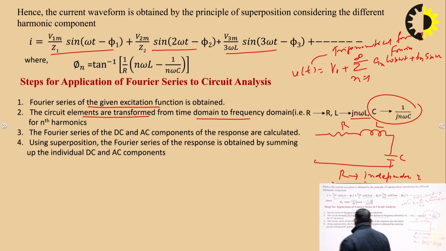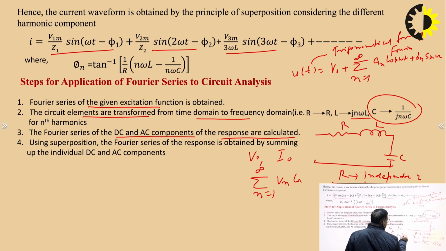Now the Fourier series of the DC and AC components are calculated. So this is V0, I0. We calculate the summation n equal to 1 to infinity of Vn cos(n omega t minus phi n).